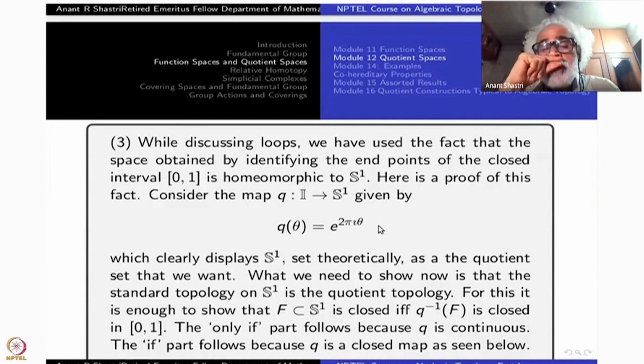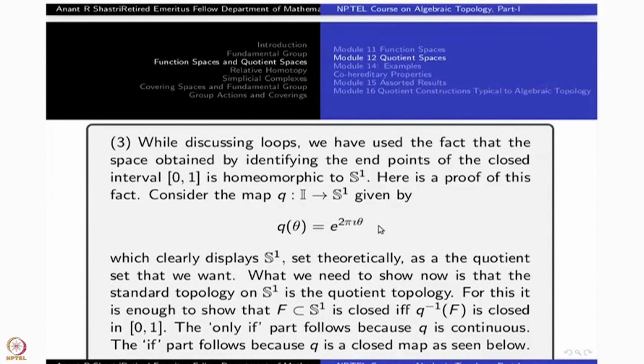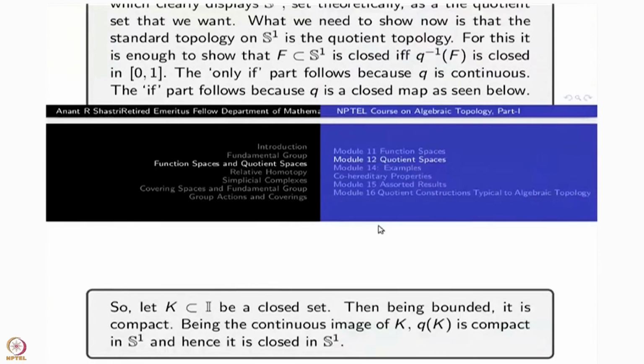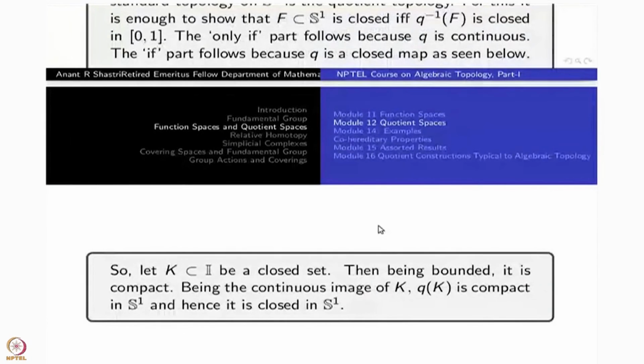Okay. So that can be done very easily. Take any subset K of I which is closed. K itself is a bounded set because I is bounded. A bounded and closed subset of Euclidean space R is compact. K being compact, the image of K under the continuous function Q, Q(K), must be compact.